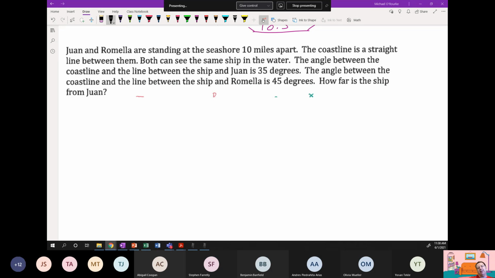And put a D in chat if you are done it. And put a question mark in chat if you think Juan and Romello are somehow lost and you can't draw this diagram. I want everyone to try, even if Juan or Romello end up drowning in the ocean. Nothing against them.